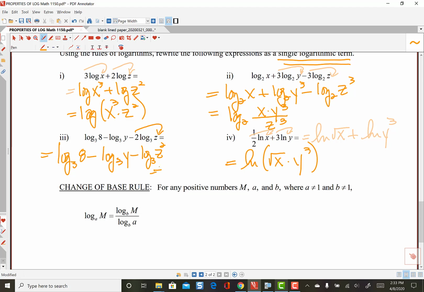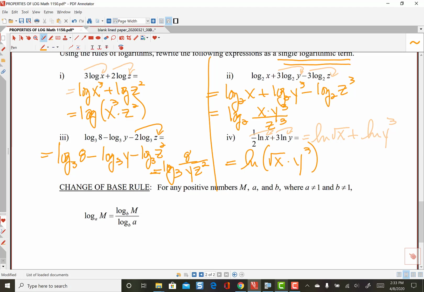So as a single log term, this is going to be the log base 3 of, I don't have enough room is what it's going to be, so let's kind of box that off. It's going to be the log base 3 of the 8 is on top, and the denominator I have y times z squared.